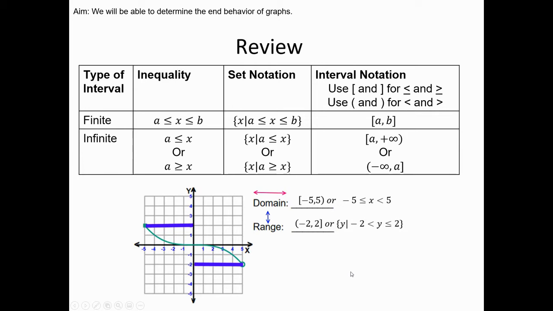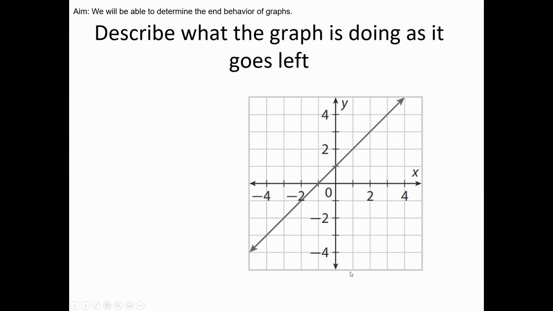So you're probably thinking, what is end behavior? End behavior is effectively what's happening as the function leaves the graph. So we have to determine what's going on when we go to the right, and what's going on when we go to the left. Let's focus this time just on this graph's left part. Try to describe what's happening as this graph goes left.